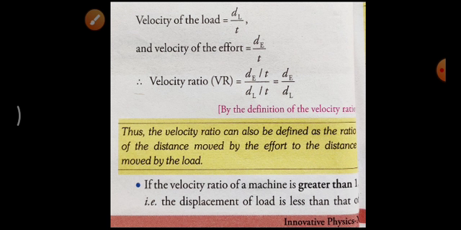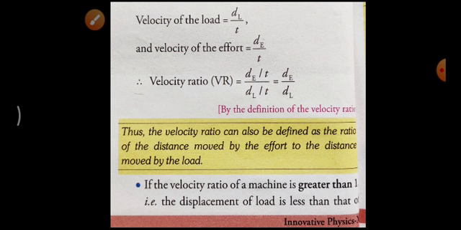After finding that, we can find the velocity ratio, that is dE divided by t divided by dl divided by t. The t will cancel and we get dE divided by dl. By the definition of velocity ratio, the distance moved by the effort divided by the distance moved by the load is also the velocity ratio.